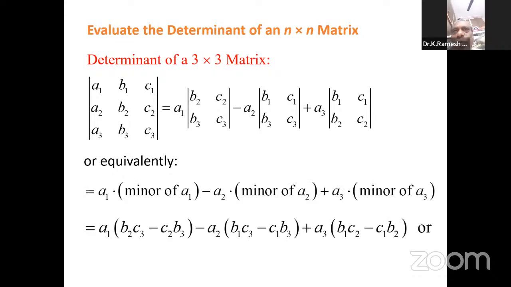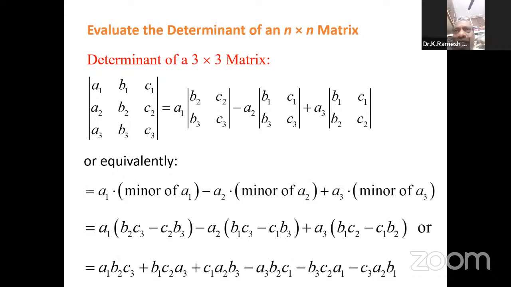Then next bracket will be minus A2 into B1 into C3 minus C1 into B3. And in the next bracket, it will be plus A3 into B1 into C2 minus C1 into B2. And this can be used for a numerical example. Next slide.